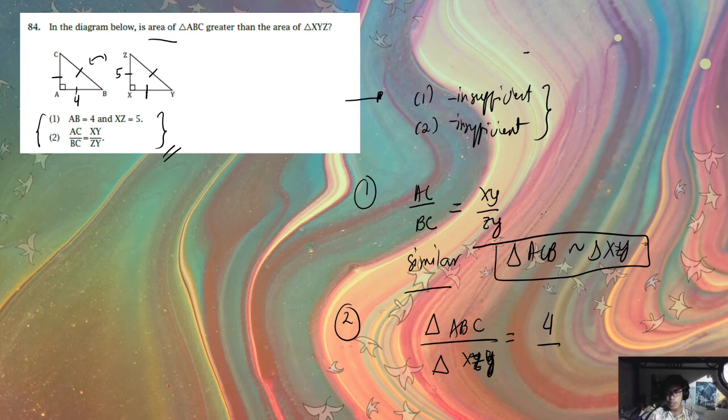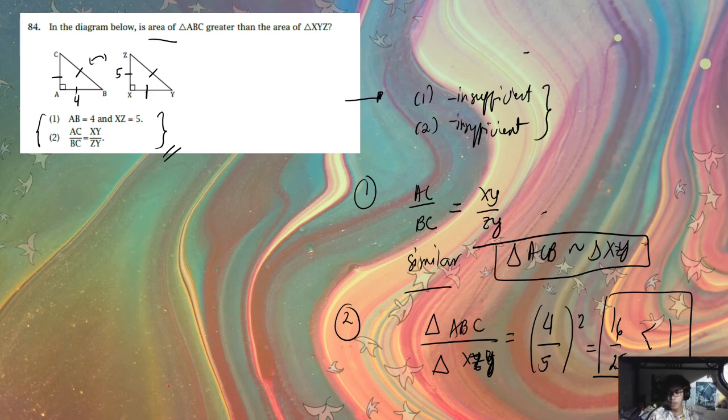Since we're solving for areas, we can square these two sides to get a value of 16 over 25. According to the theorem for finding the proportion of the areas of two triangles, the ratio of these two areas must be greater than 1 in order for us to say that the area of ABC is greater than XYZ.